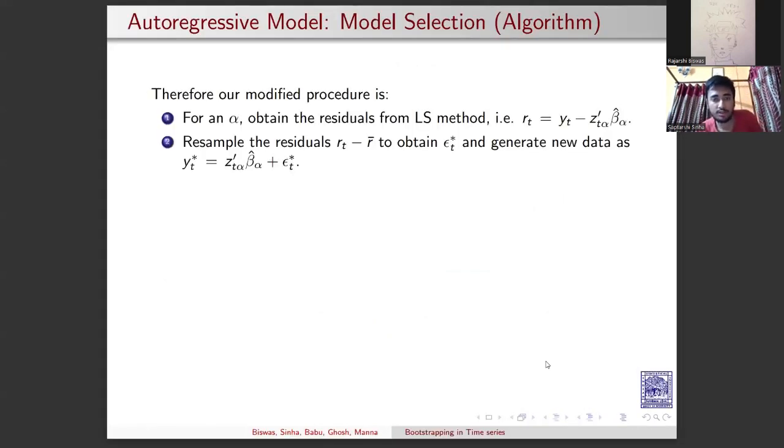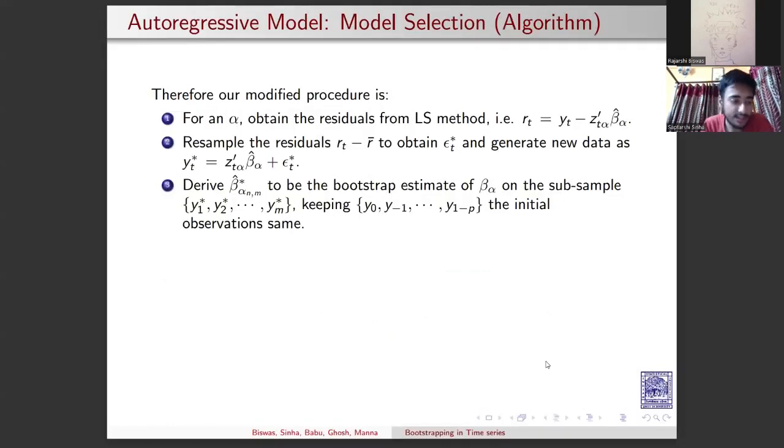The first two steps are exactly the same as what we did in the residual bootstrap method. Obtain the LS estimate and take the residuals, then sample from the centered version and create new data. Now, here is the catch. First, we take m, not n.